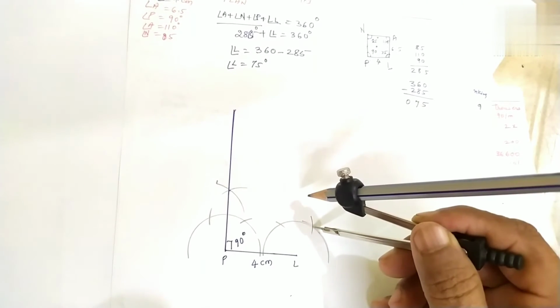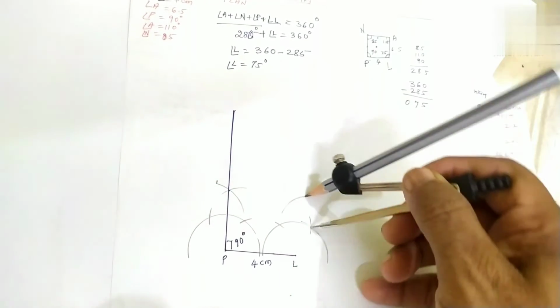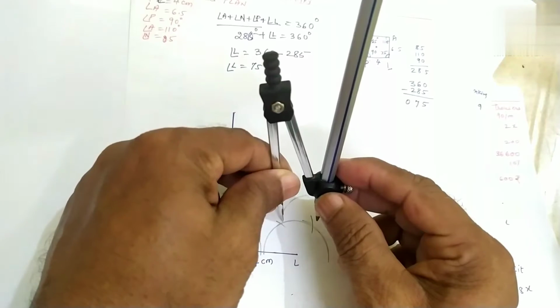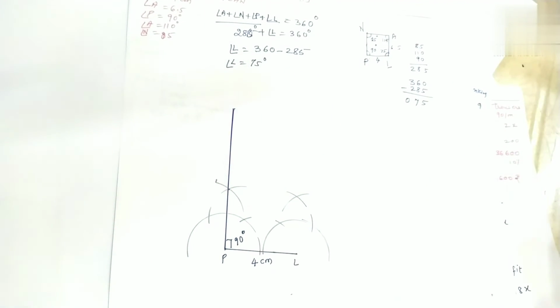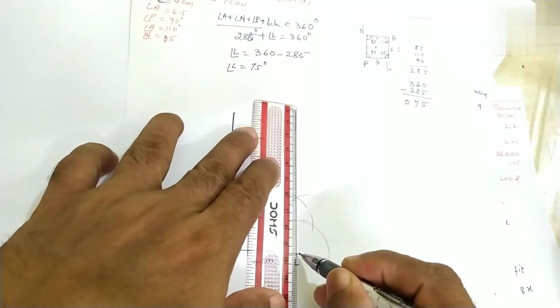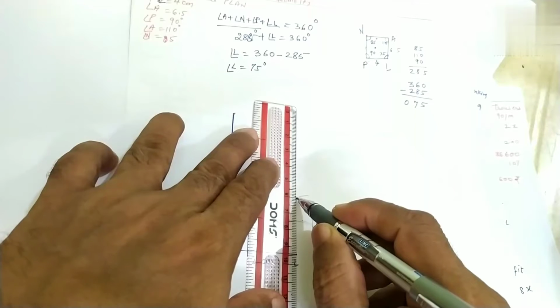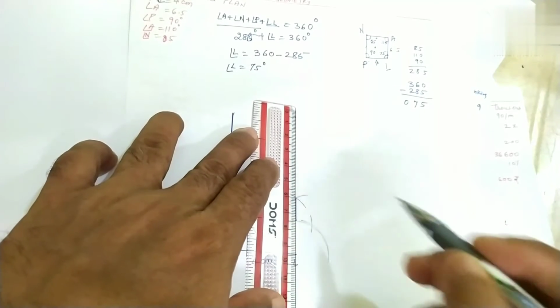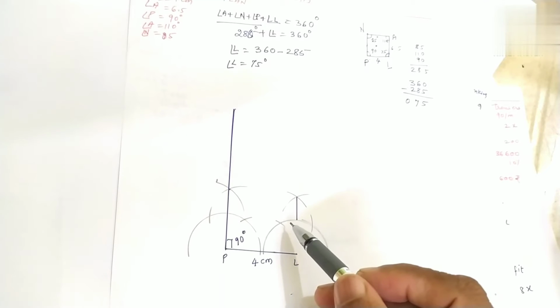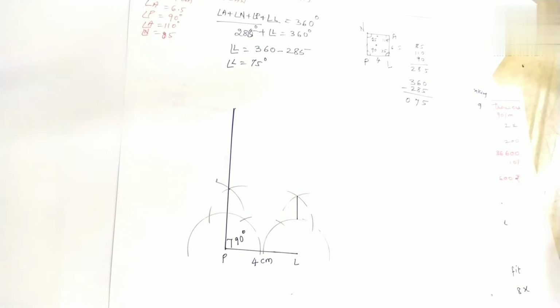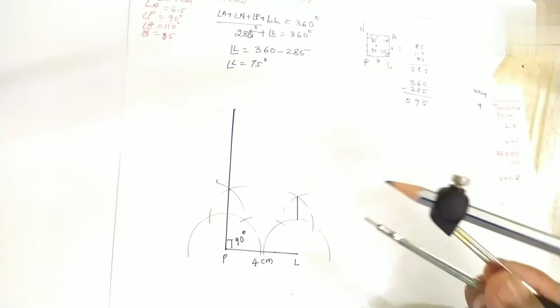So first we will take 90 degrees and from 60 again we will bisect it. We want this point. So this is 90 and this is 60, so we will divide this and we will get 75 degrees.